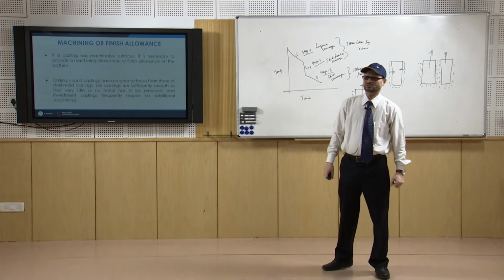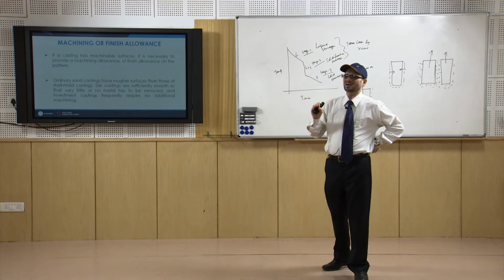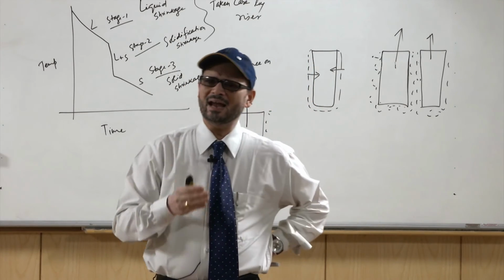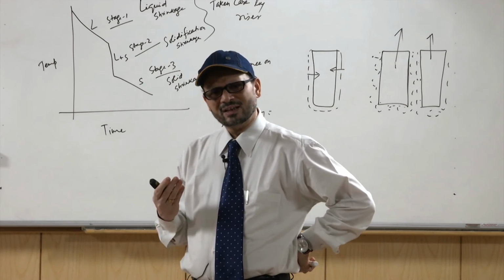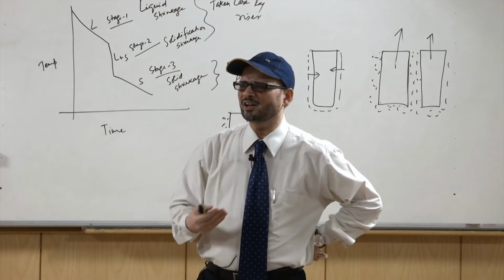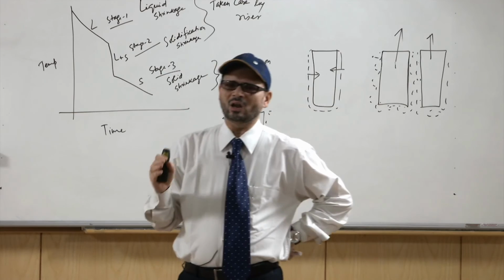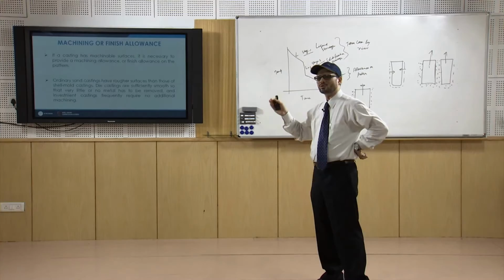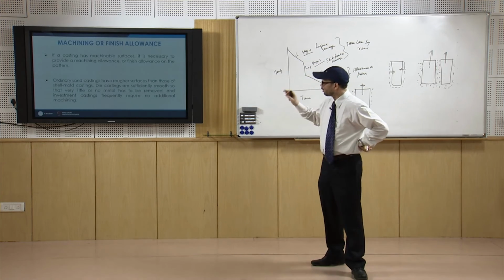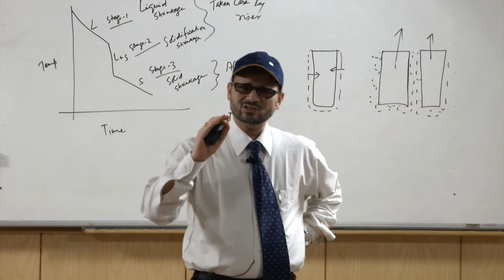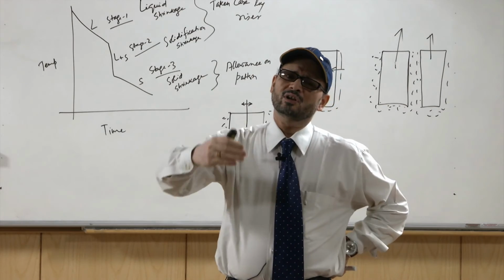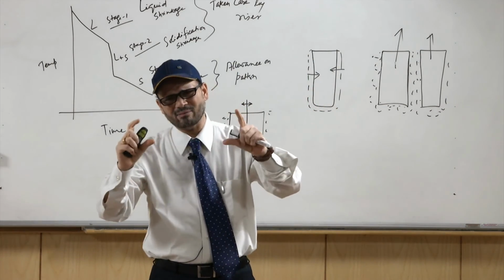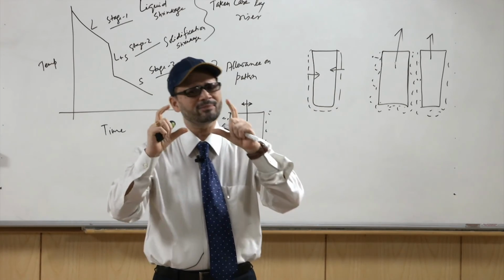Machining or finish allowance. As we know, once the pouring is done, the mold material may be sand of different fineness, and that will affect the quality of the surface. Also, the type of metal which you are pouring matters, because depending upon the specifications required by the manufacturer, you need a certain degree of finish.